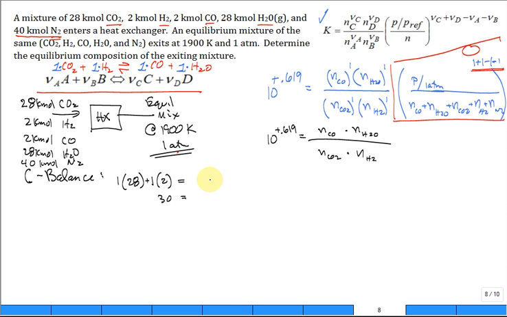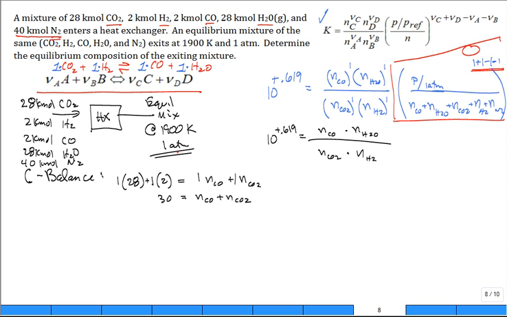In every CO going out, which I don't know the number of, that's an unknown I need to calculate, I'll have 1. And for every CO2 that goes out, I'll have 1. So there's an equation. It comes from a carbon balance that says 30 is equal to, in equilibrium, the number of moles of CO plus the number of moles of CO2.